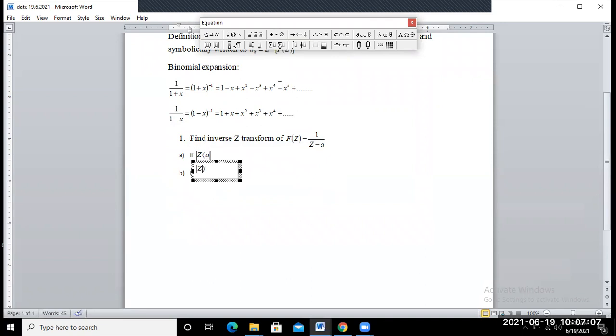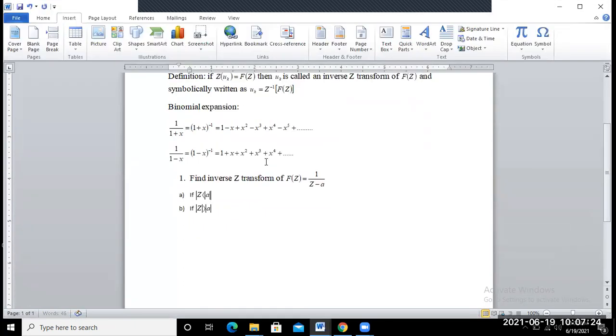So this question is divided into two parts: when the magnitude of z is less than a, and when the magnitude of z is greater than magnitude of a. So just try to solve this problem.